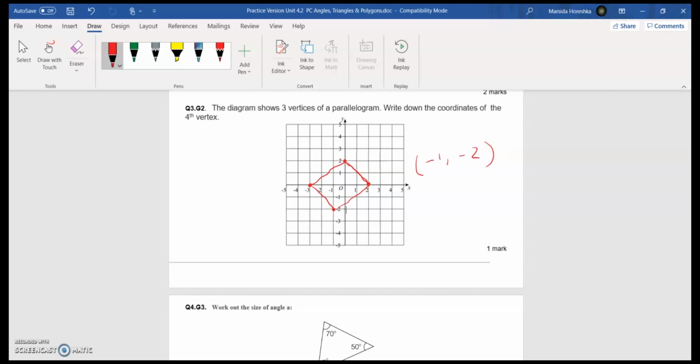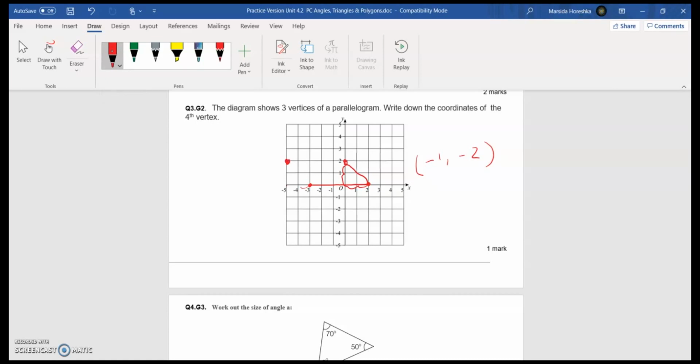So if I take off these, I can now imagine there to be a line between these 2 dots and these 2. So basically there is one missing on the left, and what we do, we go 1, 2, 1, 2, so 2 spaces to the left and 2 up.